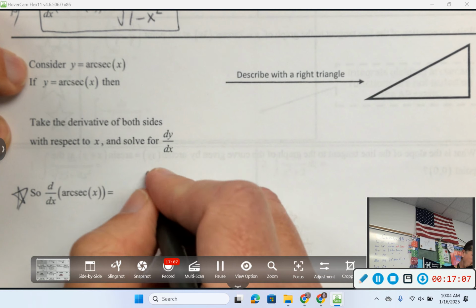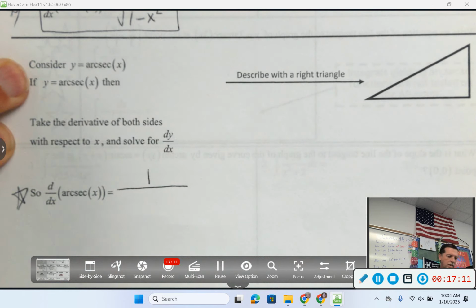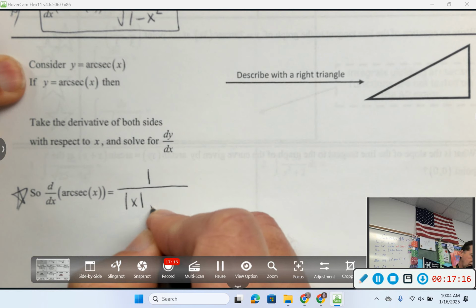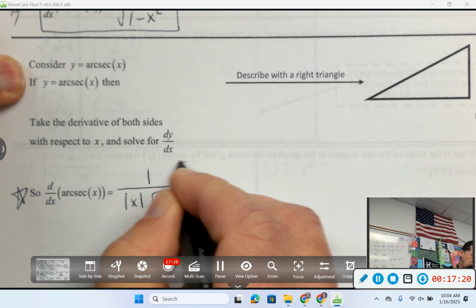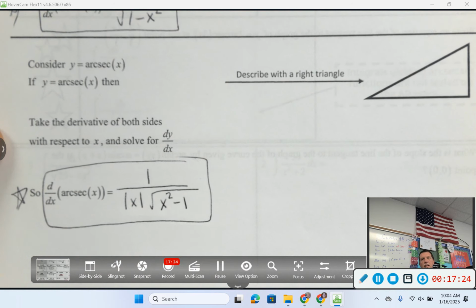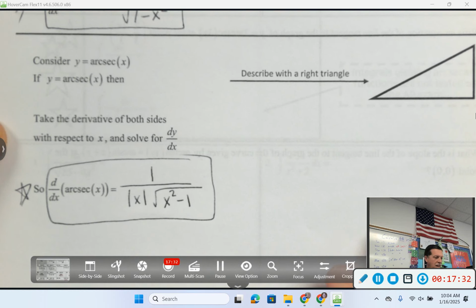But in the end, you get 1 over the absolute value of x times the square root of x squared minus 1. Okay, so that's 3 new derivatives that we have to know for today.